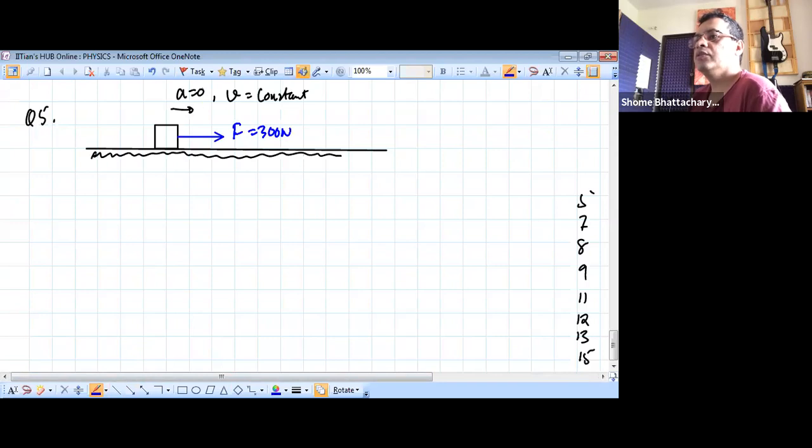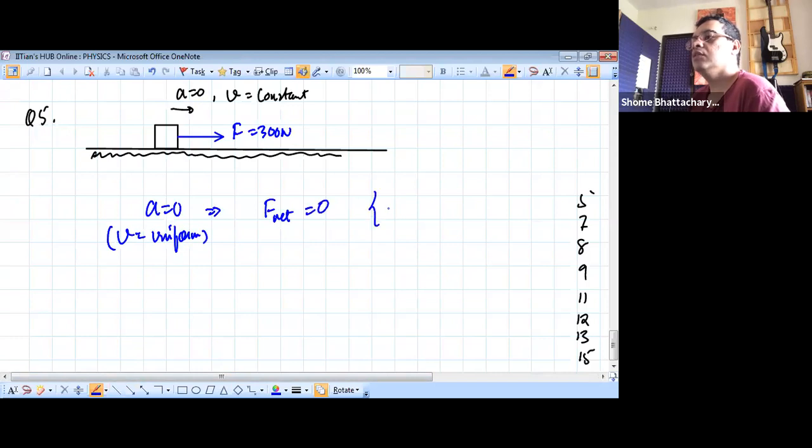Okay. So if the acceleration is zero, that means there is some drag force. Acceleration is zero in this situation. It means that because velocity is uniform given to us, in this case the net force is zero.